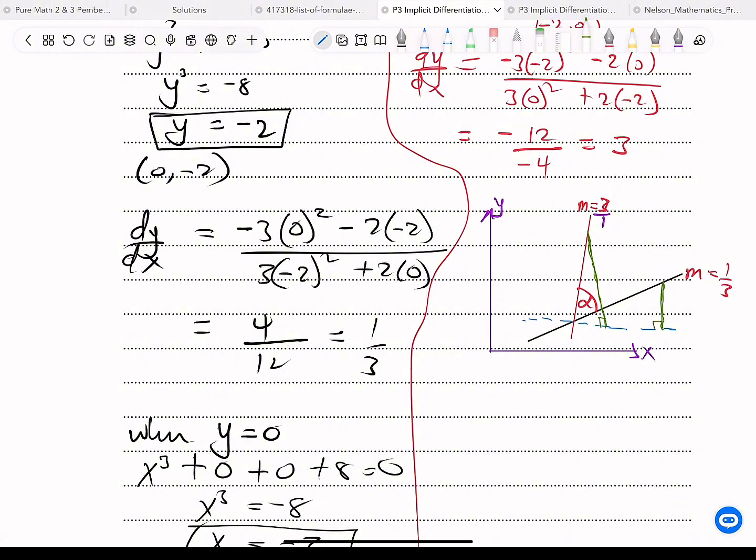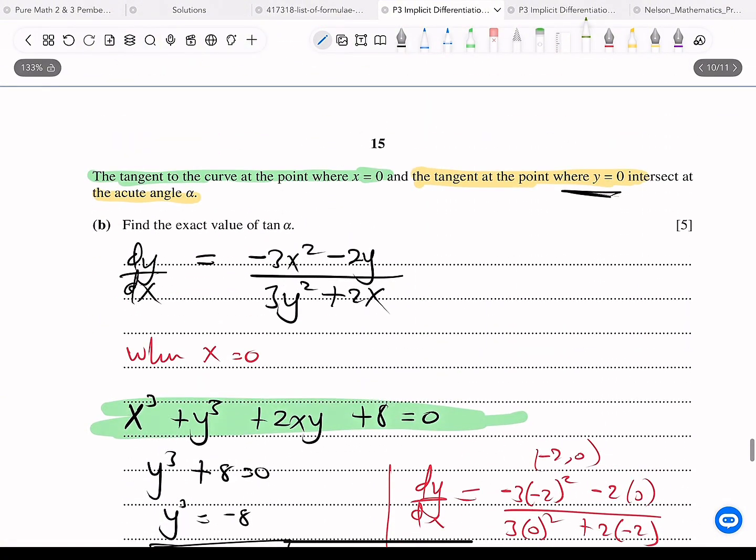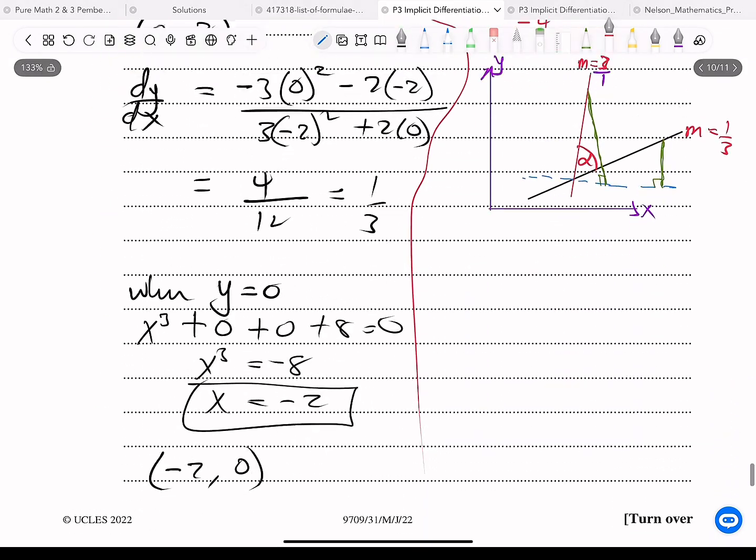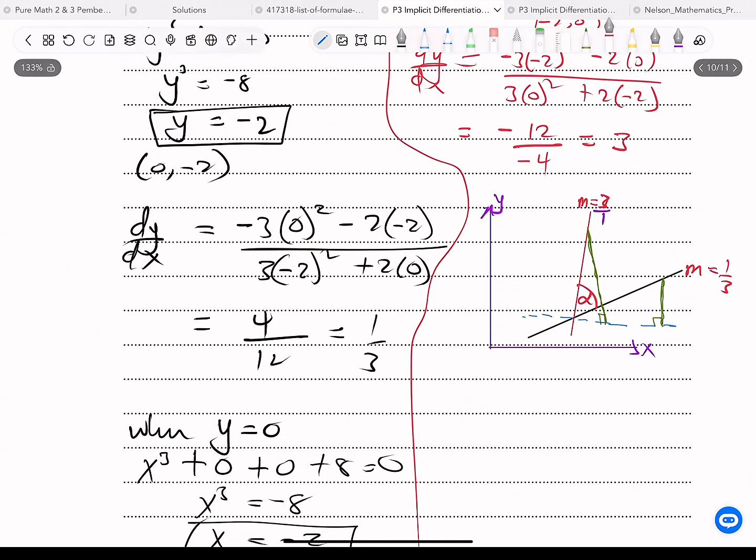Okay, so we want to know what the alpha value will be. Actually they want the tan of the alpha value right here. So tan alpha, that is what they want.